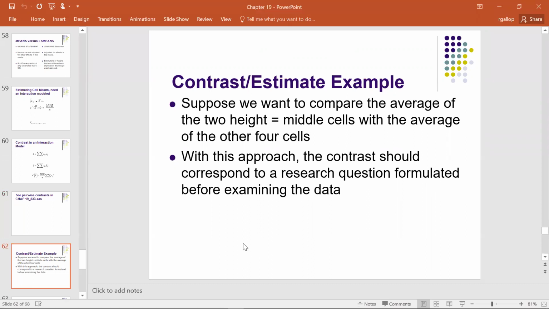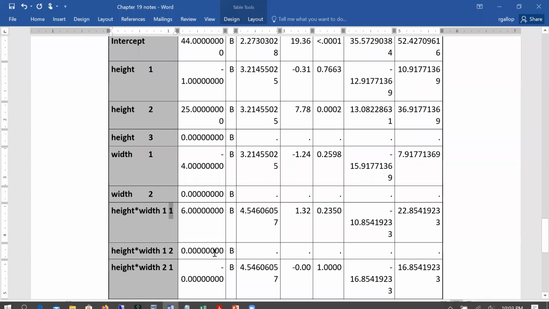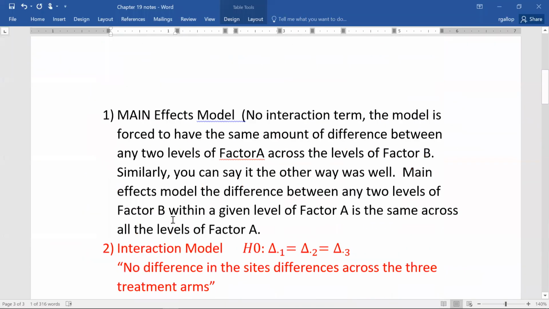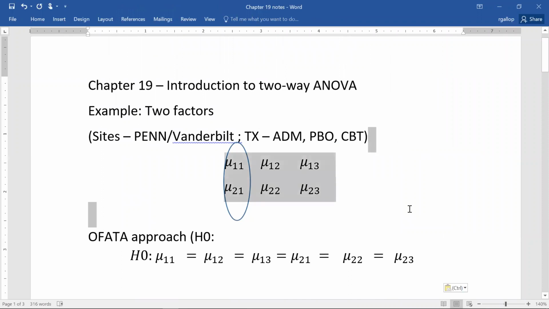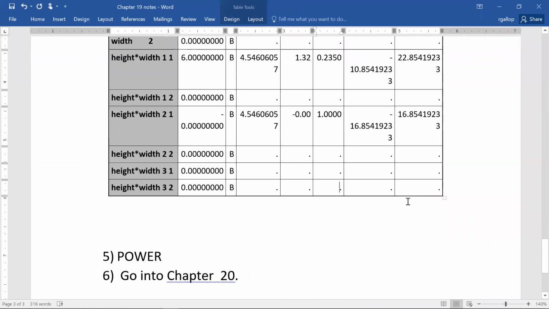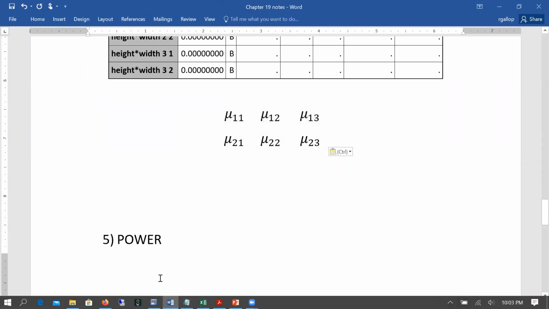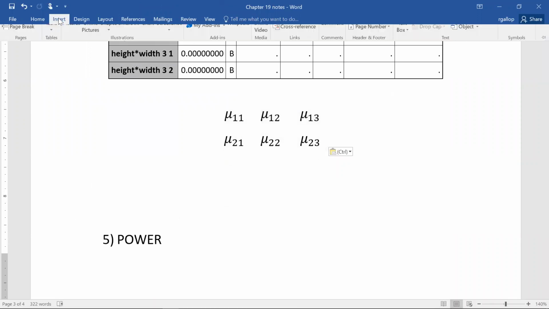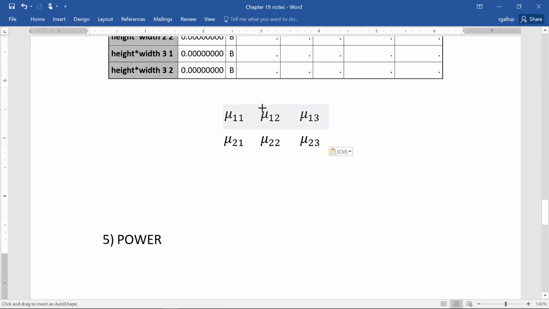So if we look at this thing here, and we go back to our notes, not SAS, I'm going to go back up here and grab this. So in this example we're looking at here, we're focused on these 6 cells. So if you remember what the thing just said, we want to look at the average of these two, the middle two.